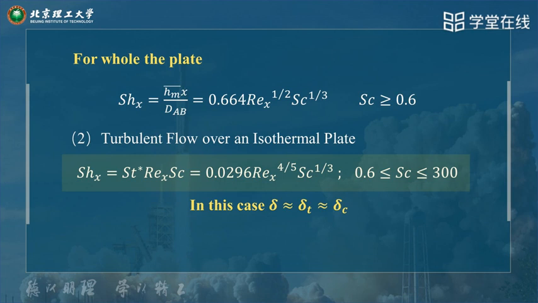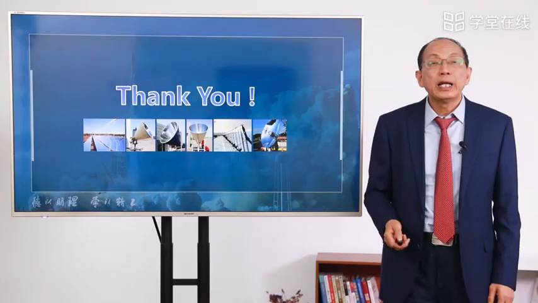The Schmidt number range is 0.6 to 300. In this case, the velocity boundary layer equals the thermal boundary layer, and the mass transfer boundary layer thickness is similar. Thank you.